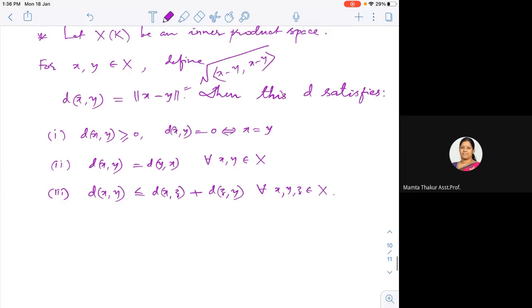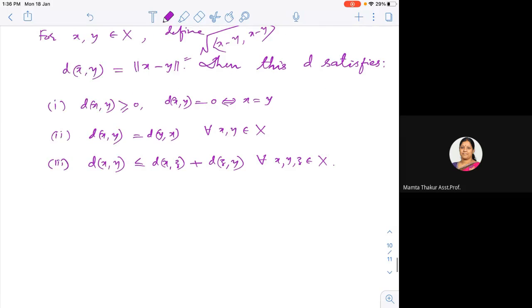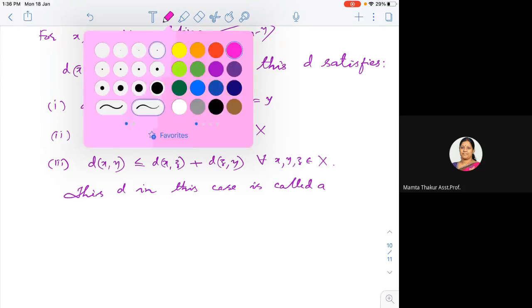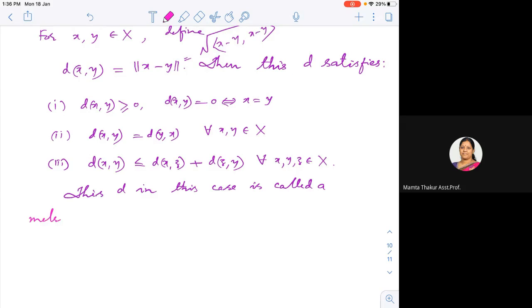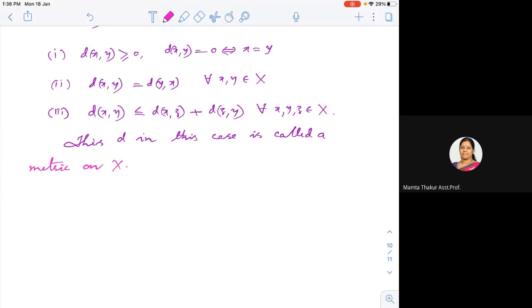And when a function like this satisfies these conditions, we say that d is a metric on X. And this d in this case is called a metric on X.